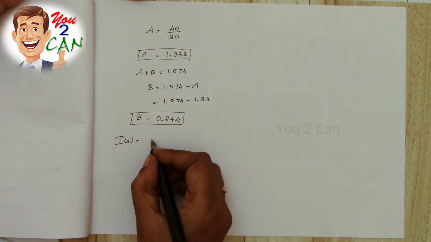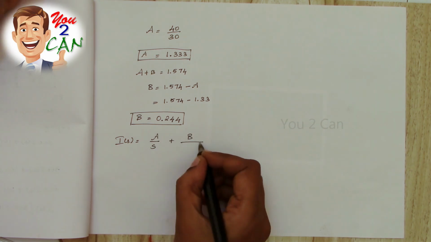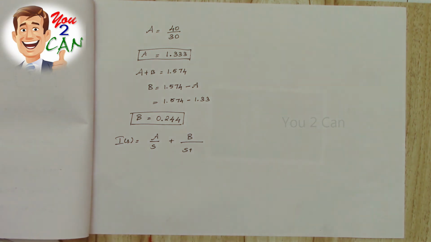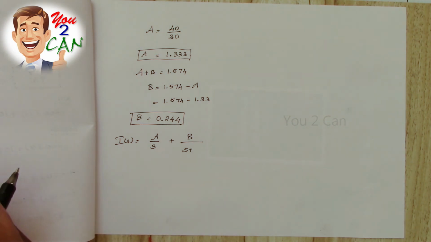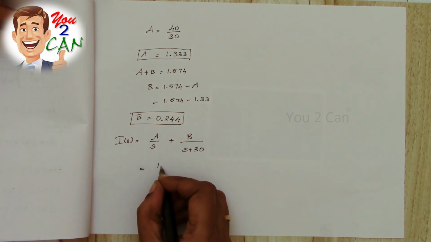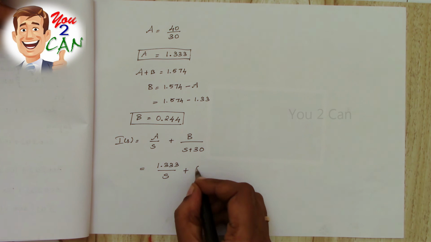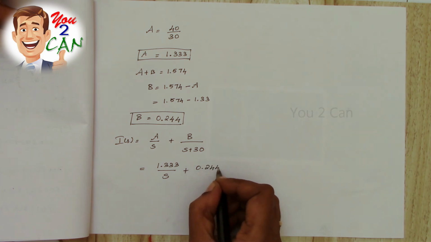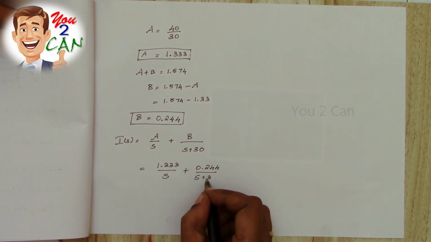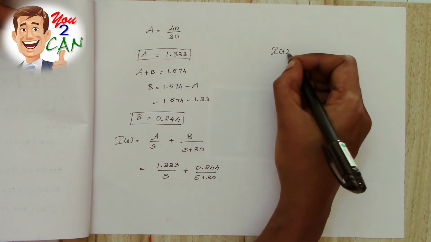Substitute in the previous equation. I of s is equal to a by s plus b by s plus 30. That is, a is 1.333 by s plus b is 0.244 by s plus 30. Now take Laplace inverse, that is i of t.